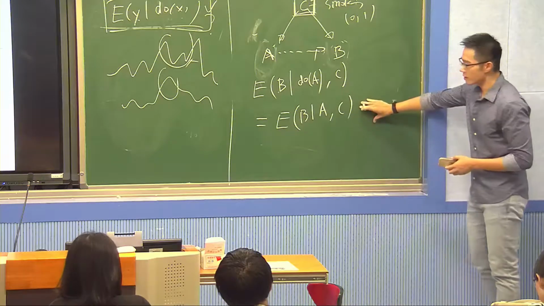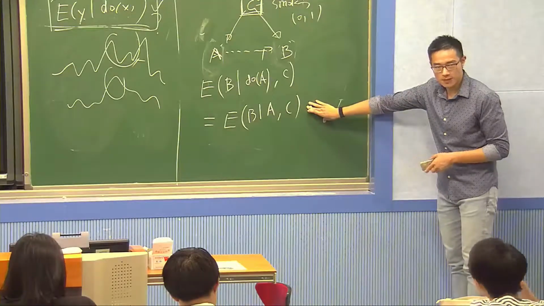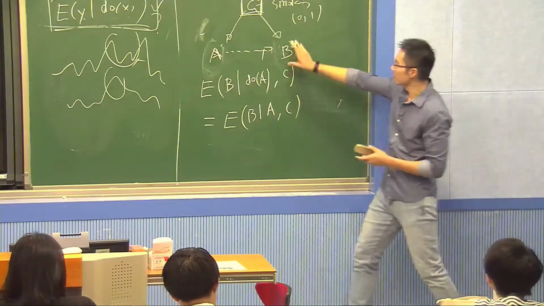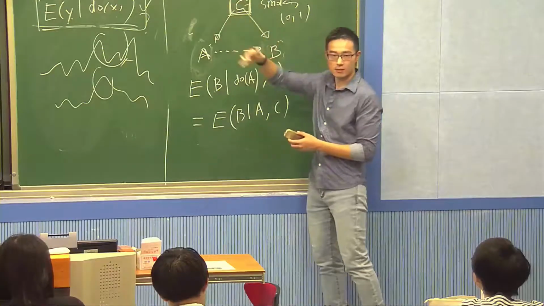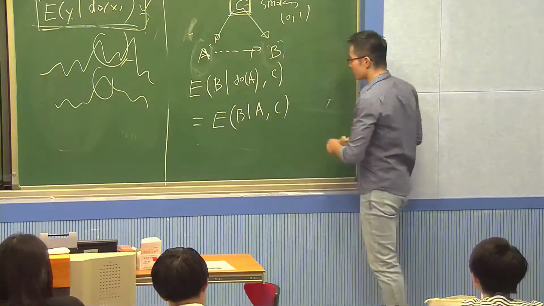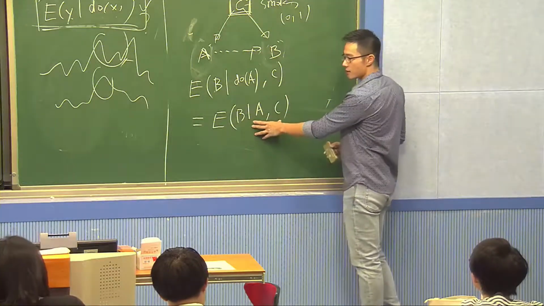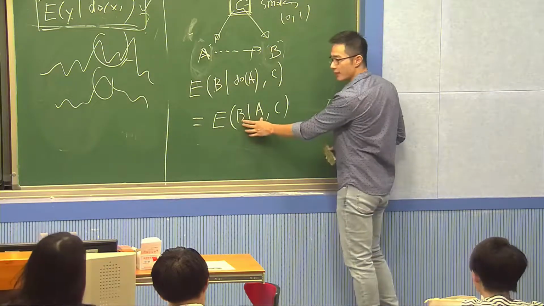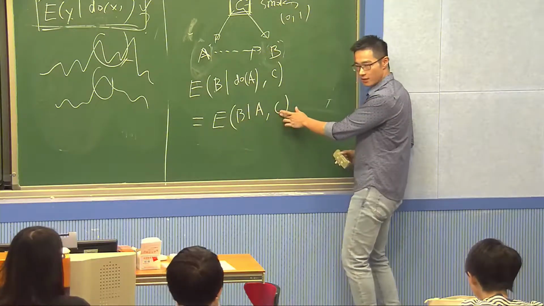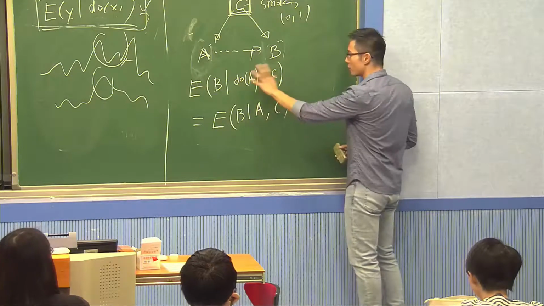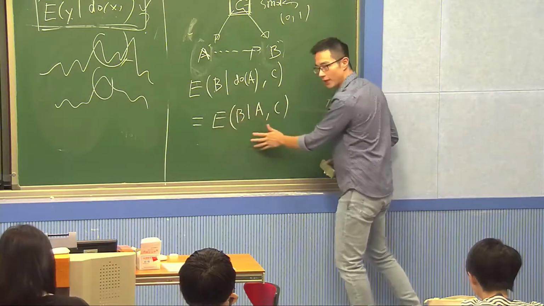So this is purely statistical game. The expectation of B given A and C, so B given A, but also given C. Given C means conditioning on C. So this is the statistical relationship between A and B, but conditioning on C as well. And this is purely statistical, which I can estimate from data.